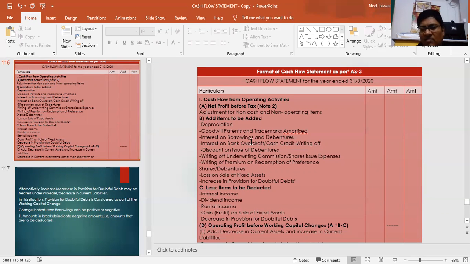Interest on borrowings and debentures, interest on bank overdraft and cash credit, discount on issue of debenture, this is also a financial charge. Writing off underwriting commission, share issue expenses, writing off premium on redemption of preference shares or debentures, loss on sale of fixed assets. Loss on sale of fixed assets is an item of investing activities. It is not an operating activity. That's why we have already subtracted it in order to get our net profit. But in order to get operating profit, we need to add them back.